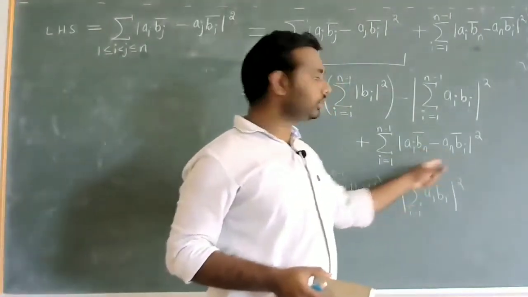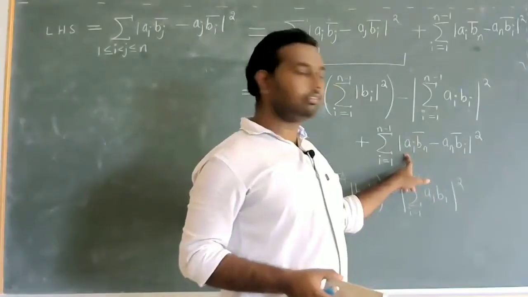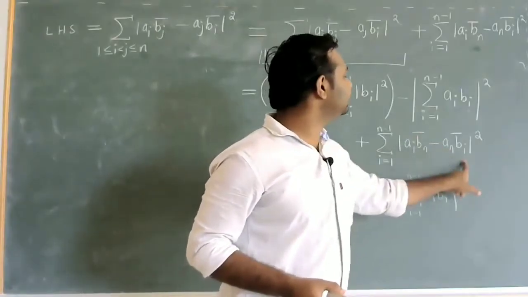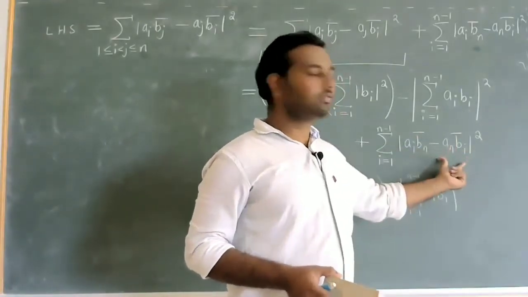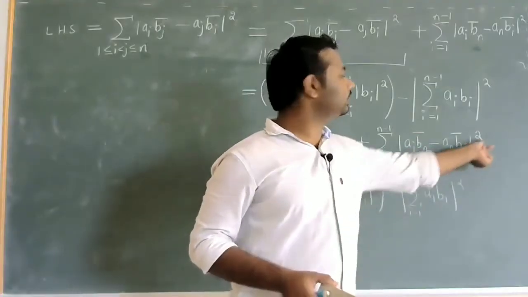So inside the summation we have modulus of z1 minus z2 whole square. We have the form modulus z1 minus z2 whole square.